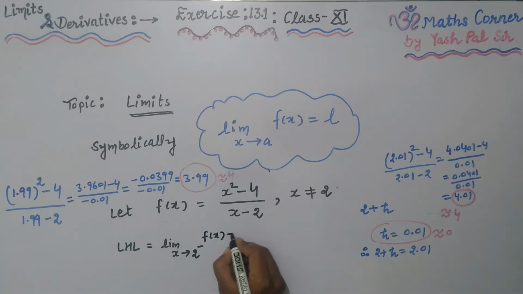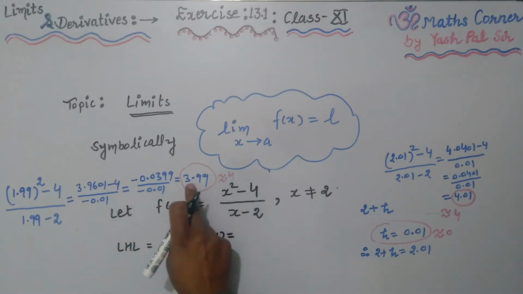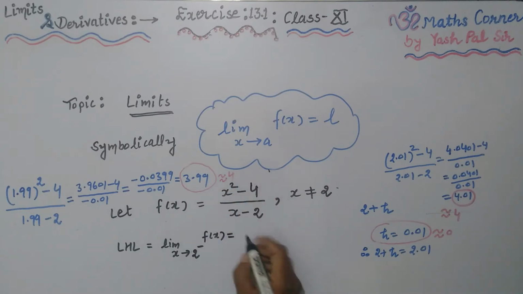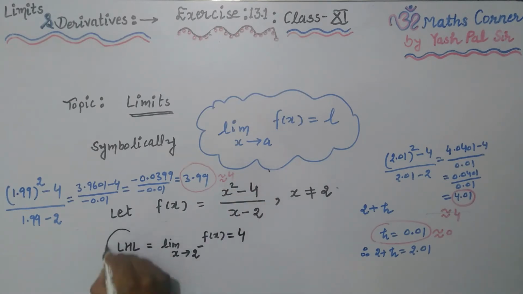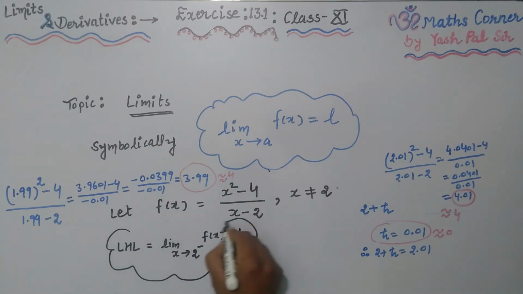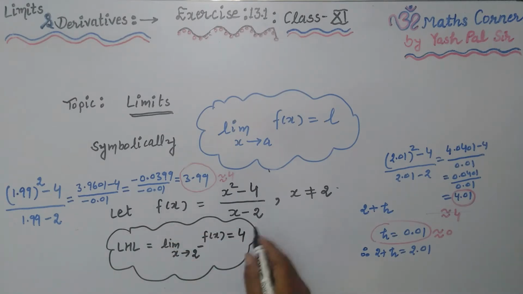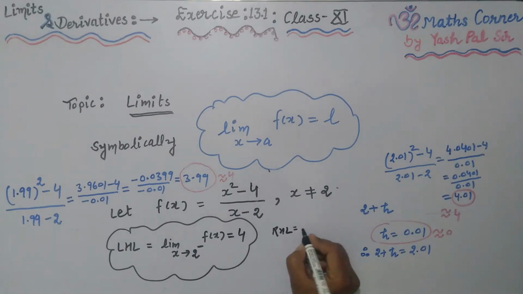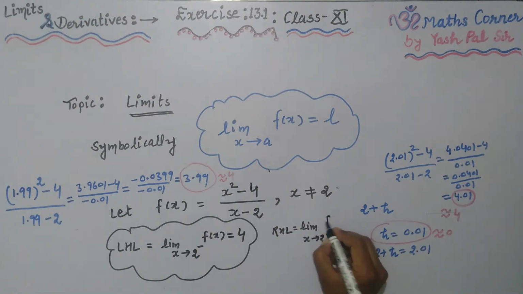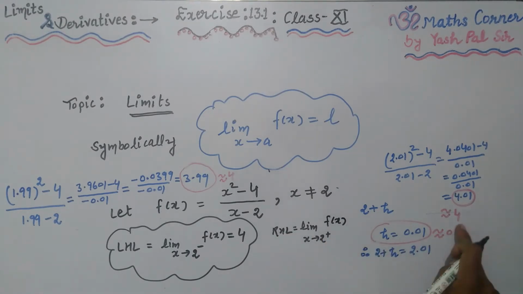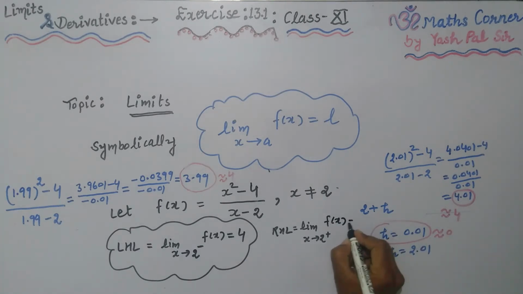The value we got was 3.99, approximately 4. So the left-handed limit value is 4. Similarly the right-handed limit we write as limit x approaches 2 with a plus sign, of f of x. The answer here was also 4.